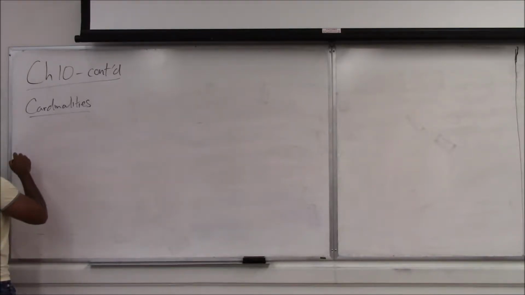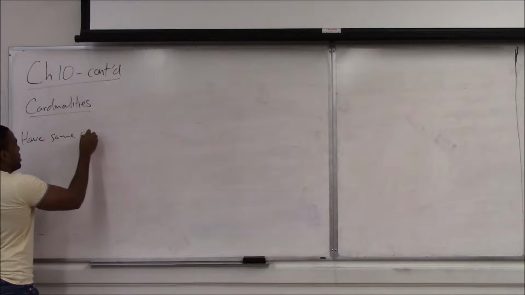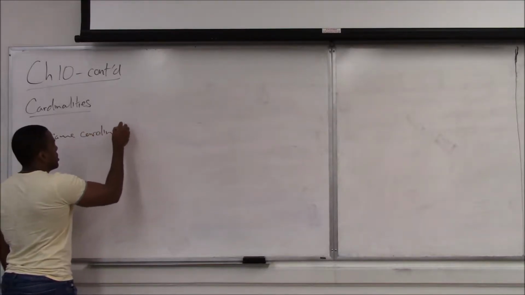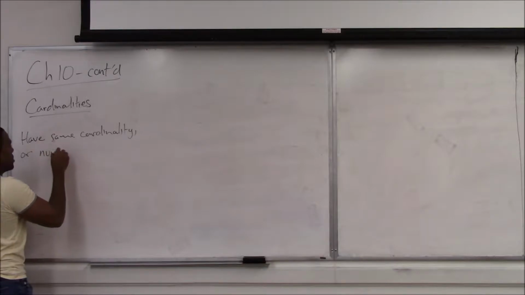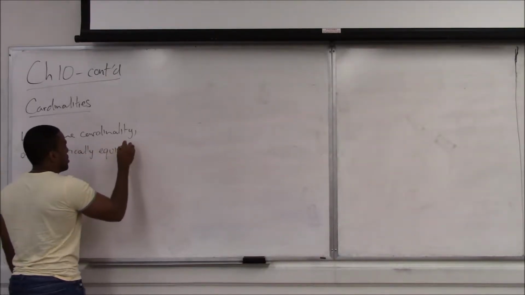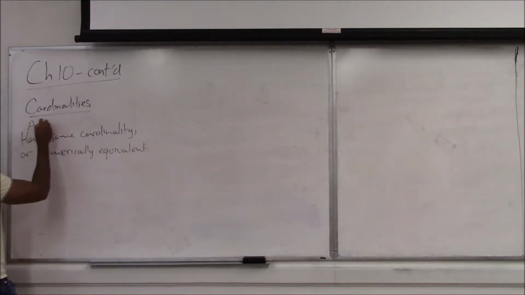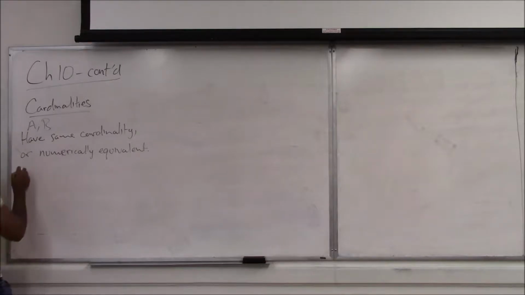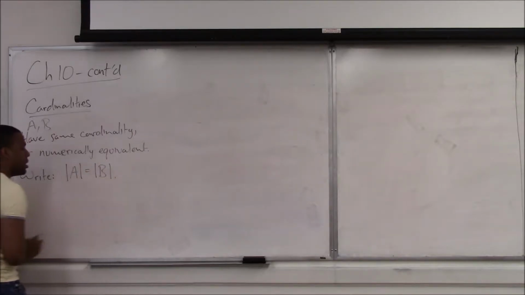And we talked about what it means to have the same cardinality, or to be numerically equivalent, which roughly means they have the same number of things. So if A and B have the same cardinality, you would write the size of A equals the size of B.